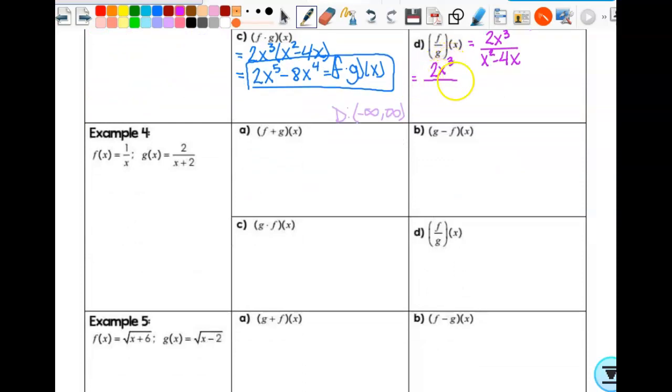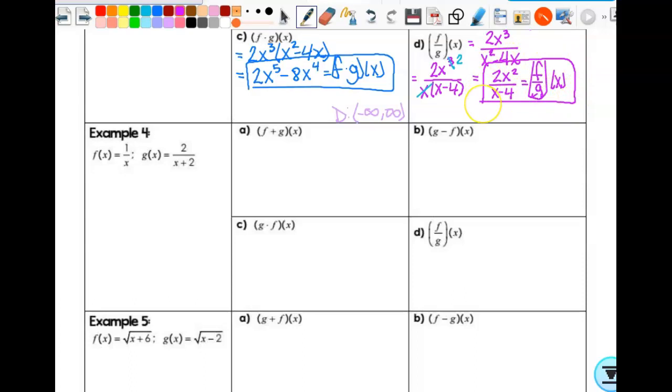So I have 2x cubed over x times x minus 4. Now I can reduce, because now I have one big term down here and one term up here, and this x can cancel out with one of those. So that leaves me with 2x squared over x minus 4, and that equals f over g of x.